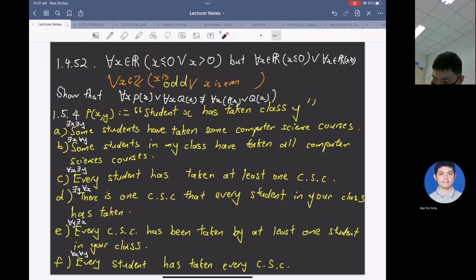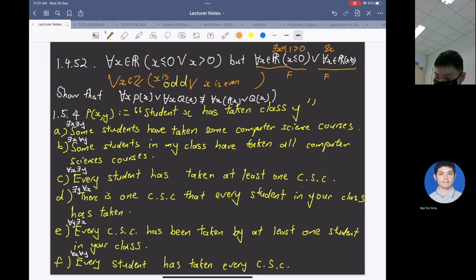But if you split them out, for every x, x has to be non-positive, and for every x, x has to be positive, is false, right? These two, true or false? False, right?